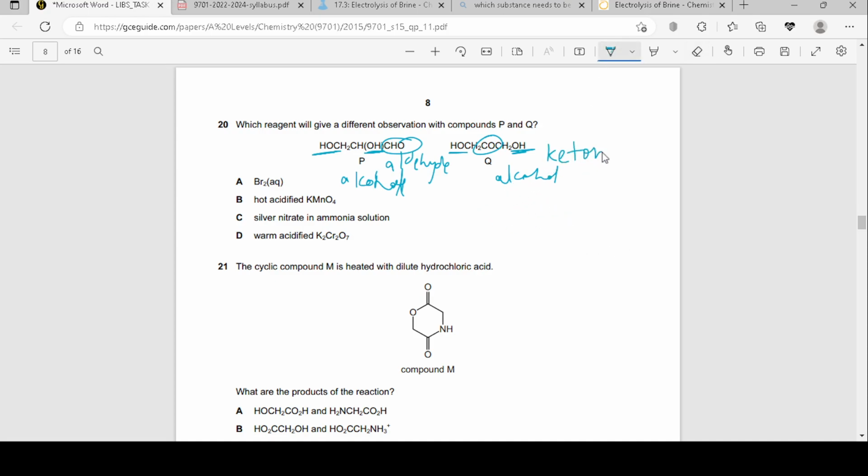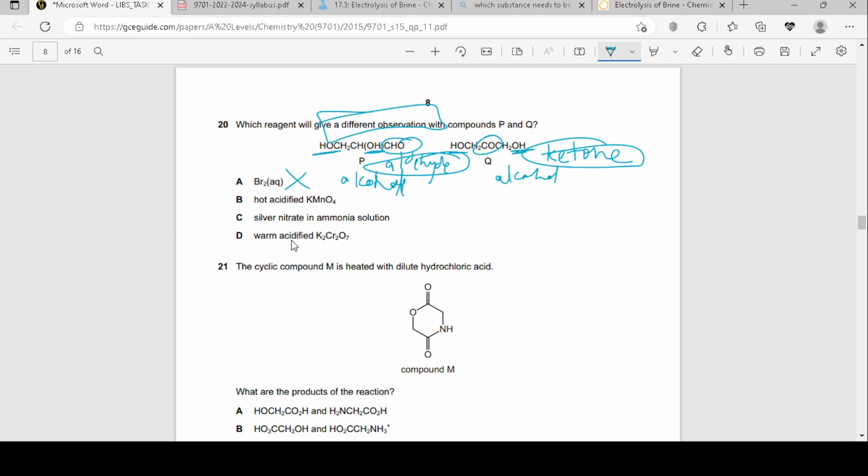Since both of them have alcohol groups, I cannot use a reagent that identifies alcohol because we need a different observation. So you have to find a reagent that distinguishes between aldehydes and ketones. Br2 aqueous, I don't understand what the point of that is in this case, because that's more for alkenes and stuff like that, I suppose.